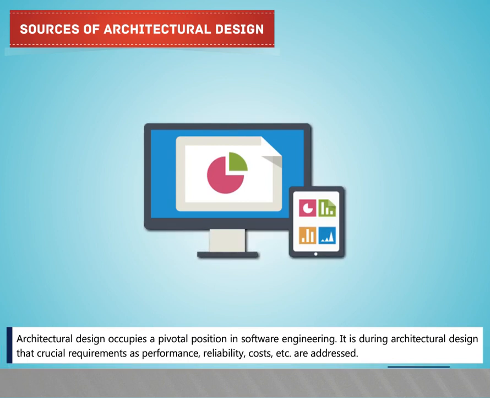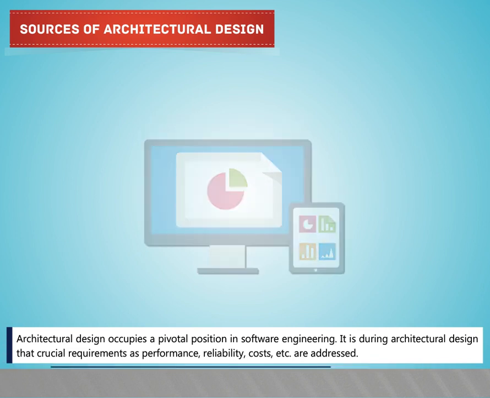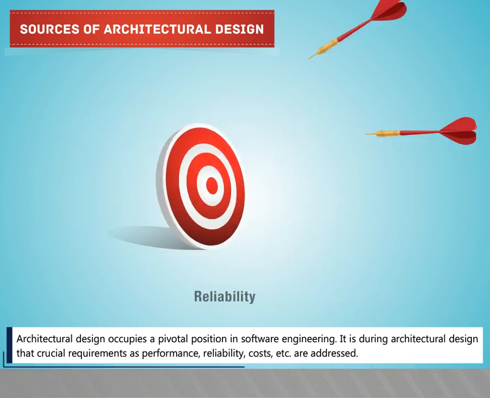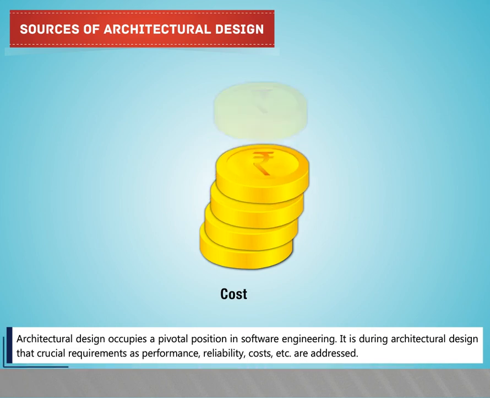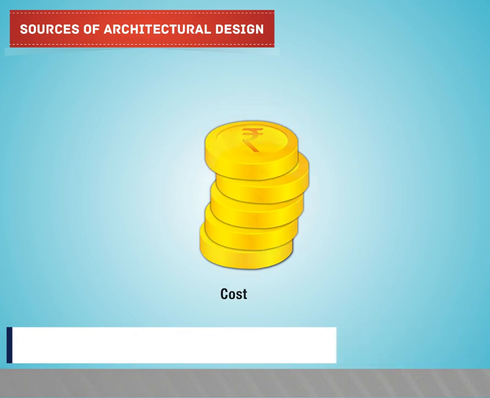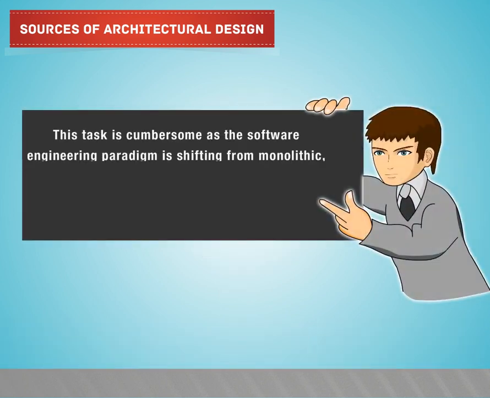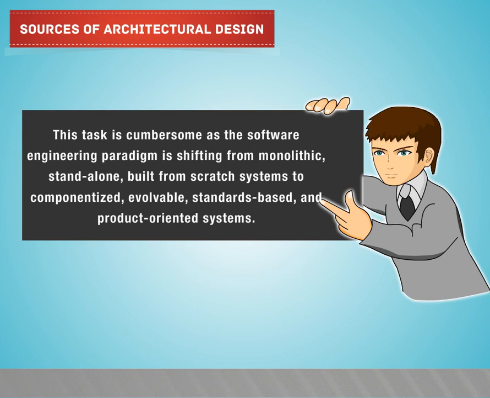Architectural design occupies a pivotal position in software engineering. It is during architectural design that crucial requirements such as performance, reliability, costs, etc. are addressed. This task is cumbersome as the software engineering paradigm is shifting from monolithic, standalone, built from scratch systems to componentized, evolvable, standards-based and product-oriented systems.